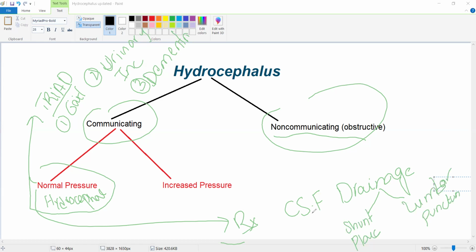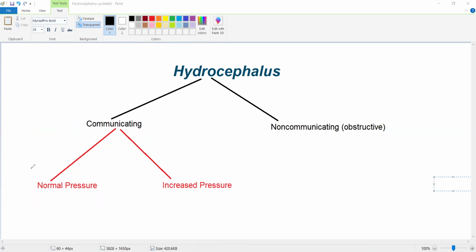In normal pressure hydrocephalus, it typically affects the elderly population, right? It is idiopathic.